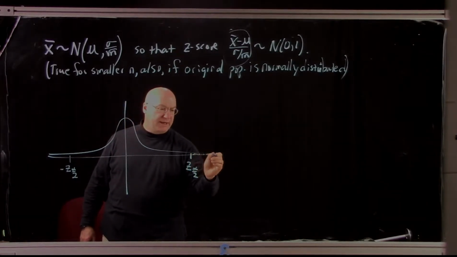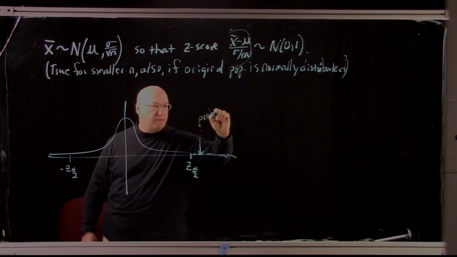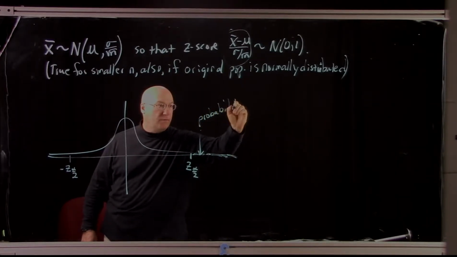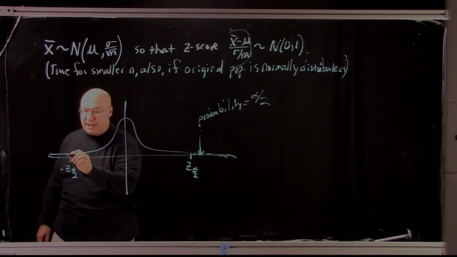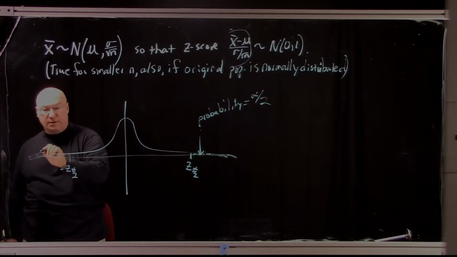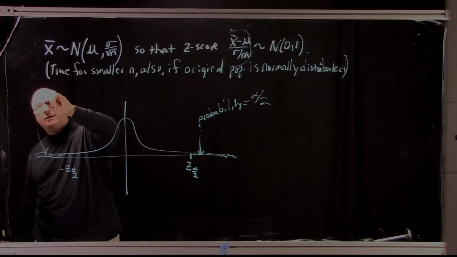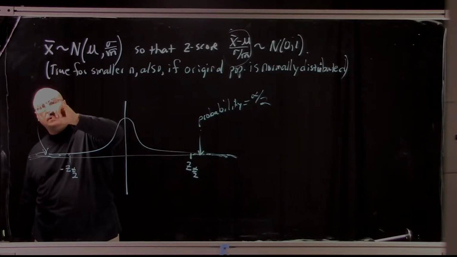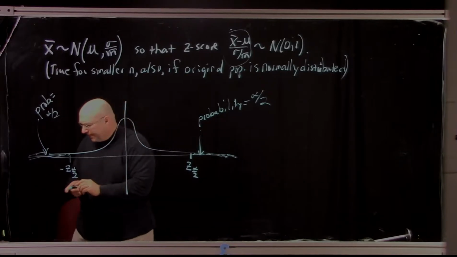This means that this area or this probability is alpha over 2, correct? And this tail probability over here is alpha over 2. Okay.